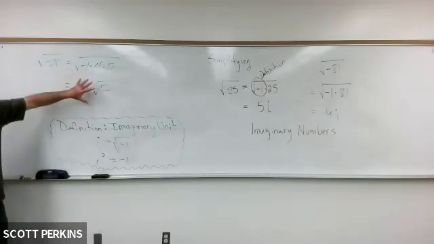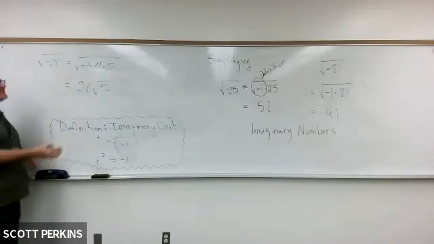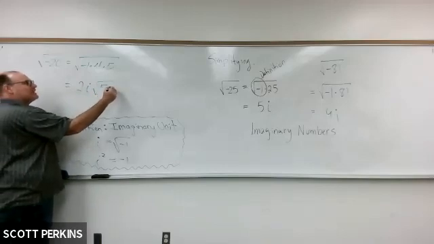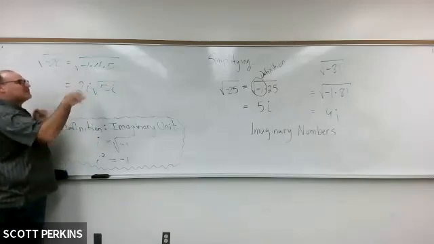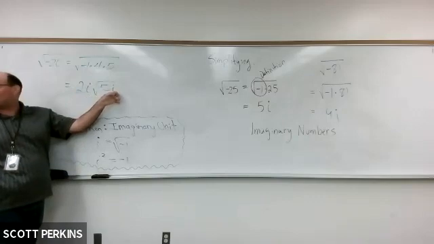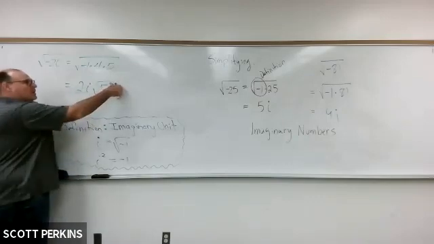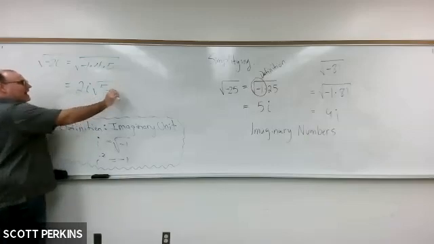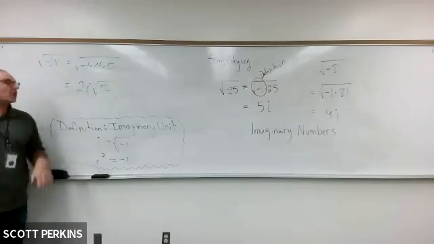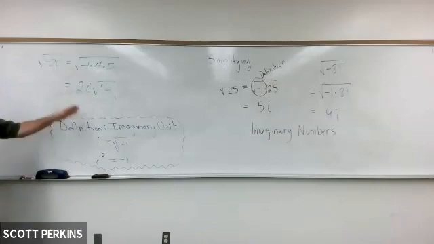But the reason this is done is if you write the I afterward, but then you accidentally write it under the radical, now you've got the square root of I, and that's a whole other can of worms. So we're just trying to make sure our notation is clear. So I don't ever write the I after, because I'm a messy writer. I'm sure you've noticed over the course of the semester. So this imaginary number is 2I square root of 5.